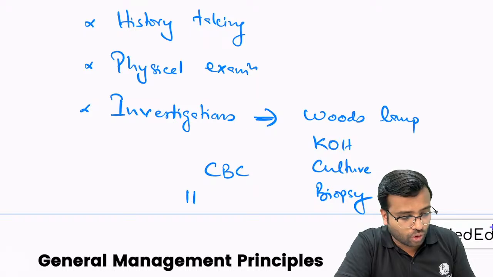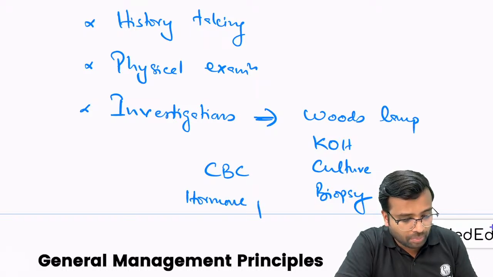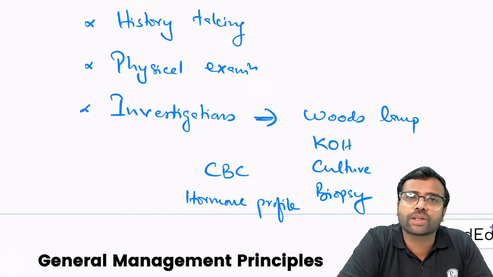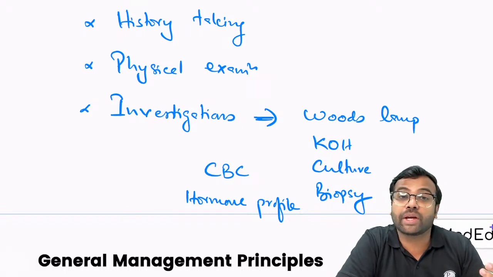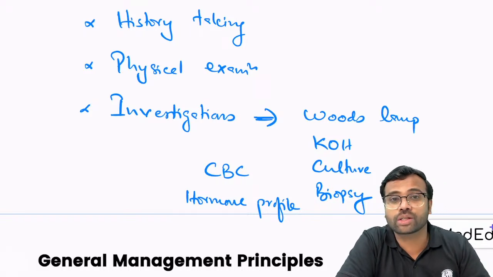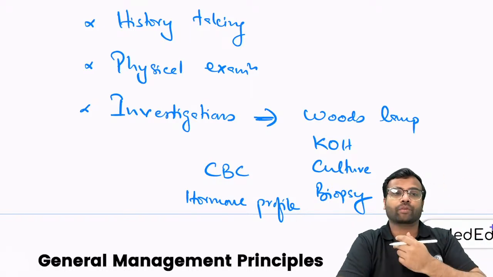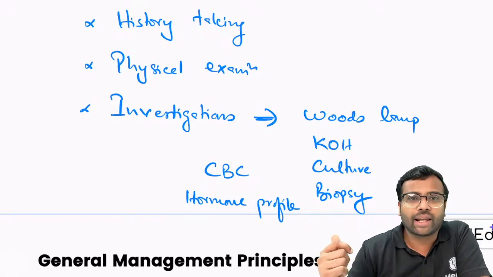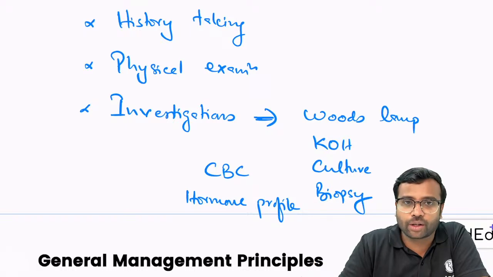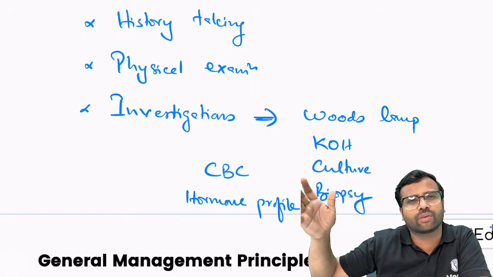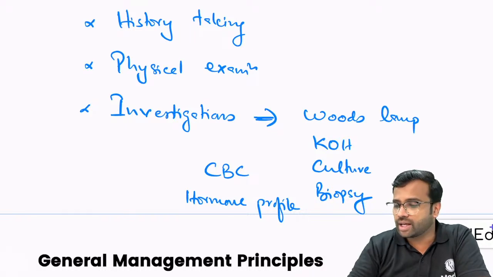So you can also go for a hormone profile. Reason? Complete blood count, because you will be able to understand whether the patient is anemic or not, because in those cases telogen effluvium comes to your mind. Whereas when you go for a hormone profile, like when you do a thyroid function test, you can also try to correlate whether this hair fall is associated with hypothyroidism or any other factors.